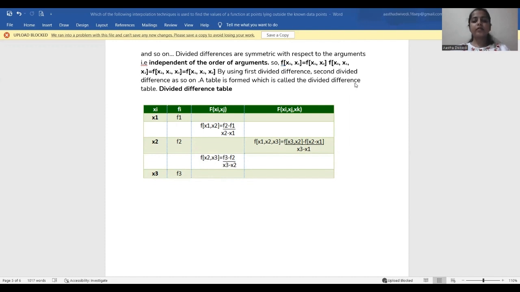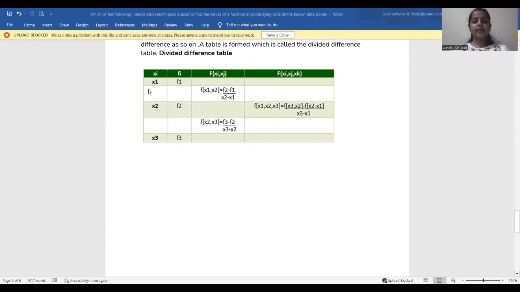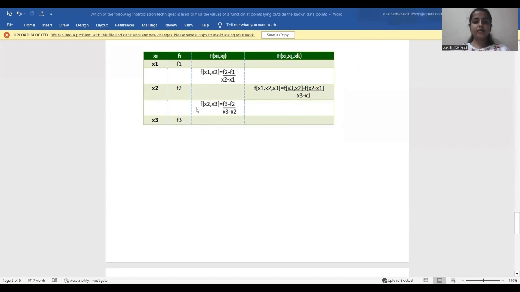A table is formed which is called the divided difference table. This is the divided difference table, where the first divided difference is (f2 minus f1) upon (x2 minus x1) for f1 and f2 and x1 and x2. Now for f2 and f3, we have (f3 minus f2) divided by (x3 minus x2).